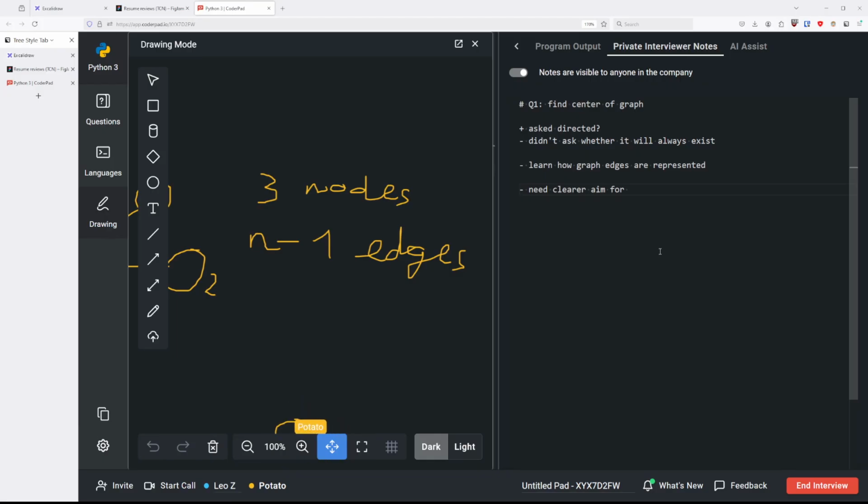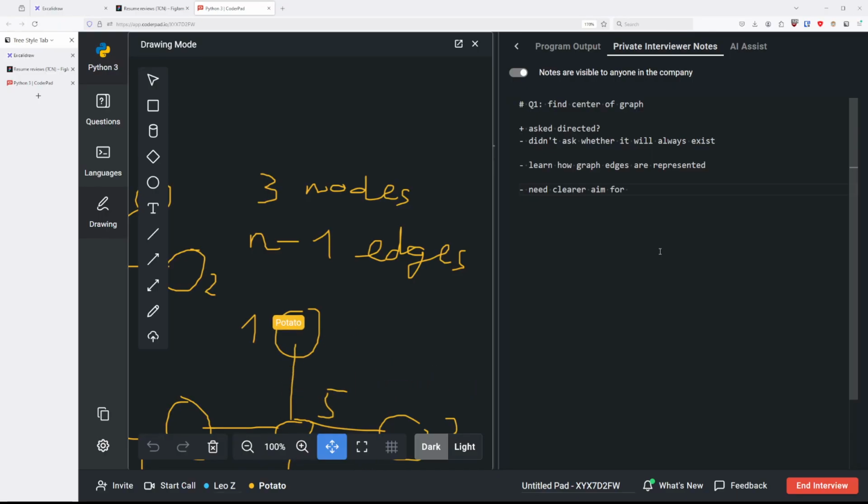Let's say we have a graph like this, with 1, 2, 3, 4, and 5.